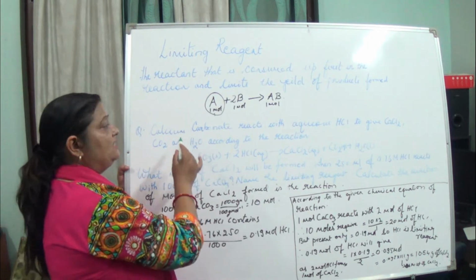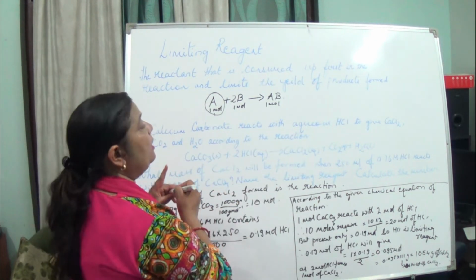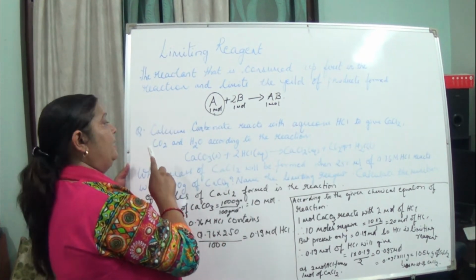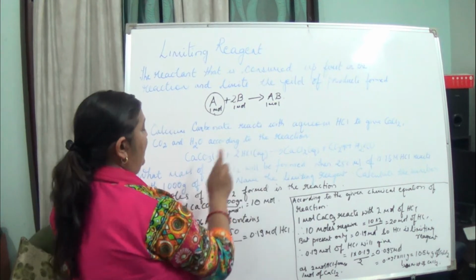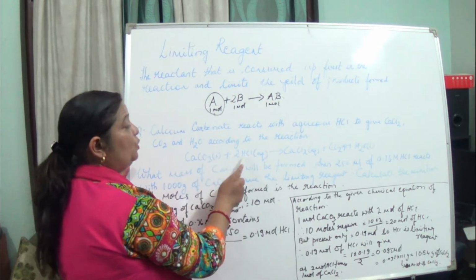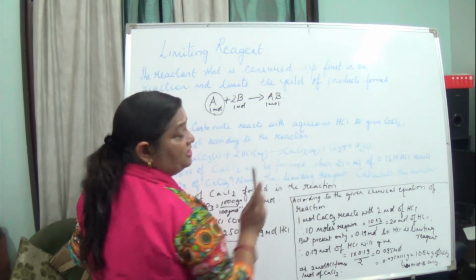Calcium carbonate reacts with aqueous hydrogen chloride to give calcium chloride, carbon dioxide and water. According to the reaction, calcium carbonate CaCO3 plus 2HCl gives CaCl2 plus CO2 plus H2O.